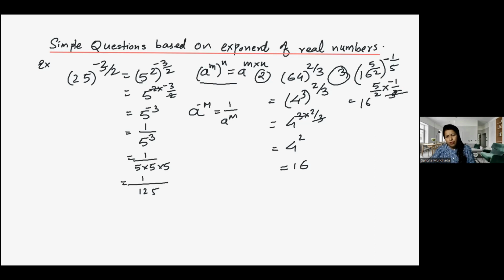So this 5 cancels. 16 raised to power minus 1 by 2. And we know that 16 is 4 square. So 4 square into minus 1 by 2. So again 2 cancels. 4 raised to minus 1. And we know that a raised to power minus m is equal to 1 upon a raised to m. So here we will write 1 upon 4 raised to power 1. That is nothing but 1 by 4.